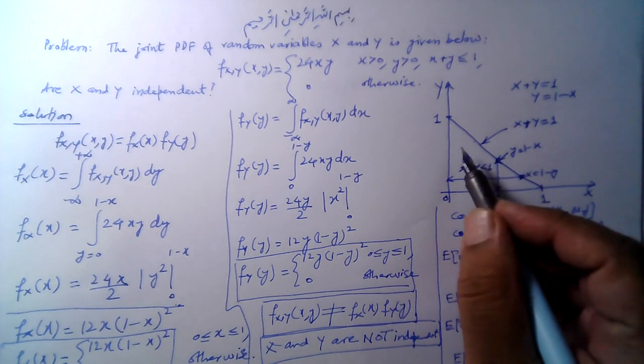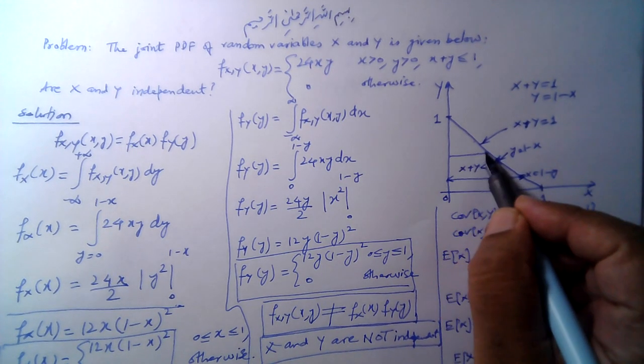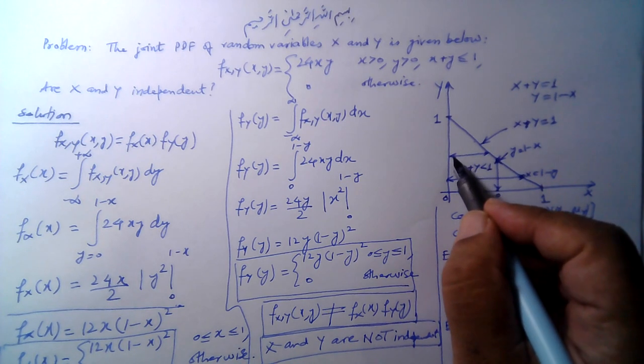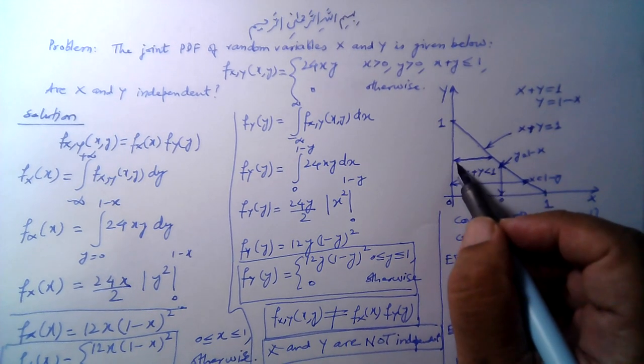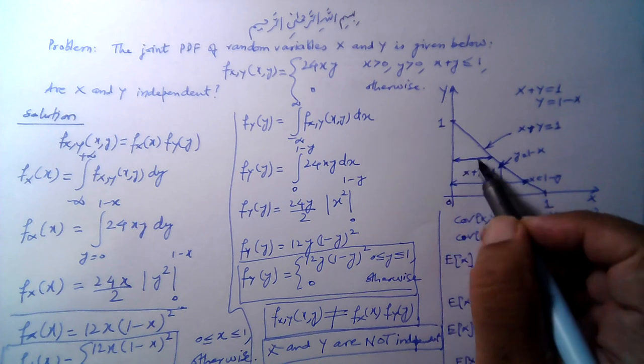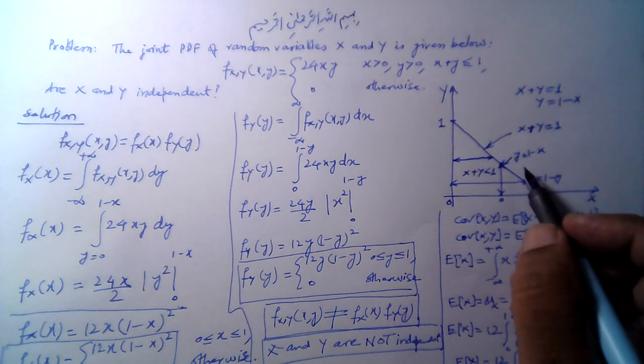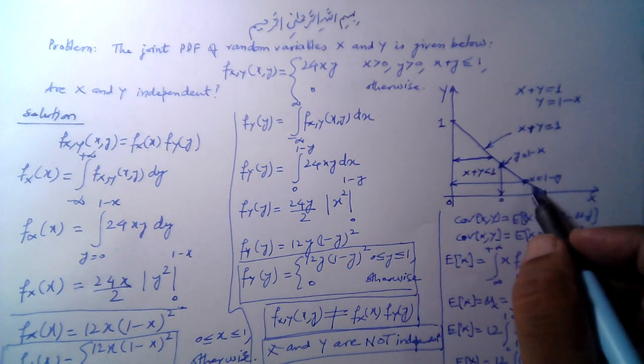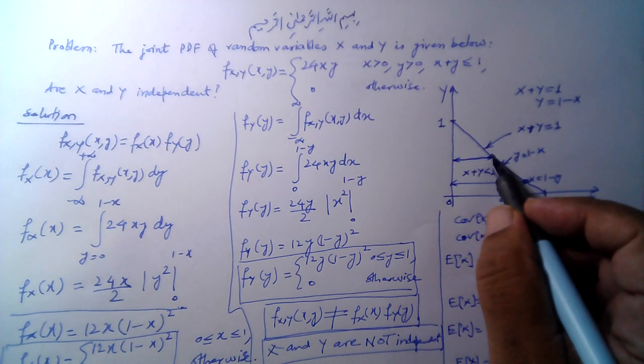And we are integrating first with respect to x. So this is the strip here, where x starts at 0 and goes on till here, and as we have discussed before, x is equal to 1 minus y.